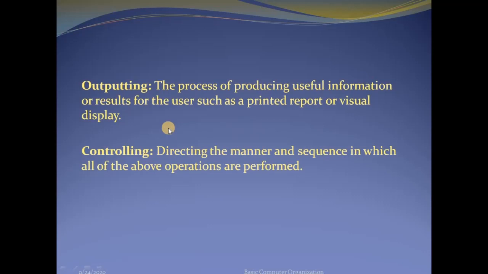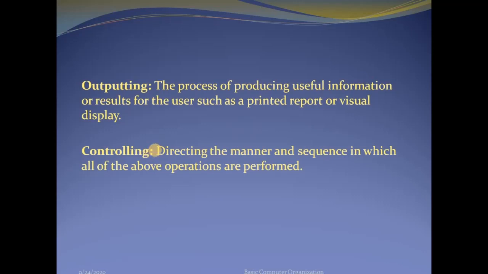So these are the things that we actually do, but to do all these things we want a controller, or some manager who can do all these tasks. We want to perform all these tasks in a proper sequence, in proper steps. So for inputting, storing, and outputting, we have the control unit which performs the task of controlling.